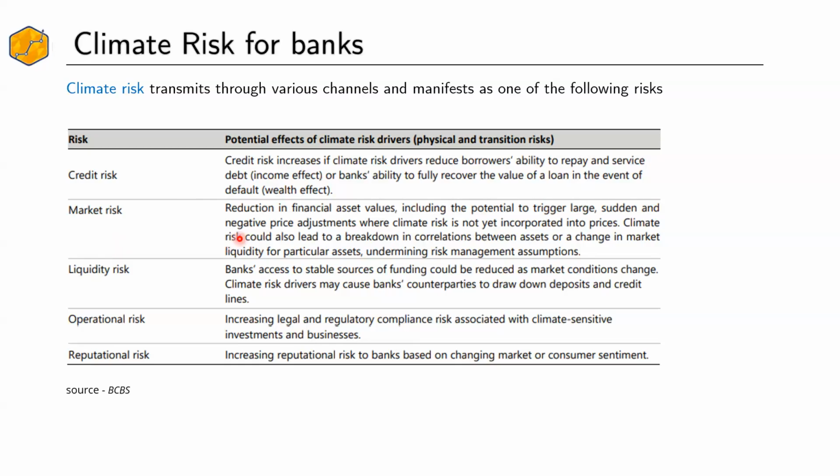FX risk also. If there is a particular country and a heat wave has come, or there is a wildfire and there has been significant damage in a particular location or for a country for that matter, then the exchange rate will also get impacted. Another example, commodity, that's very easy to relate, right?